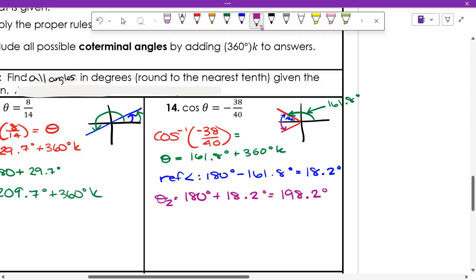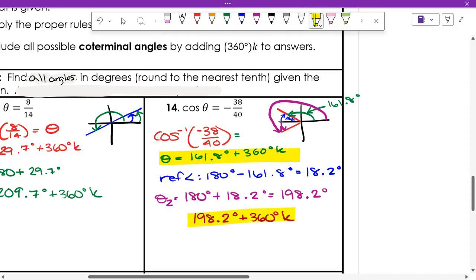And that's what we get when we go from the positive x-axis counterclockwise all the way around to where this terminal side would be for my angle measure there. So that's 198.2 degrees plus 360 degrees k to get all possible solutions. So my all possible solutions would be this answer as well as this answer here.